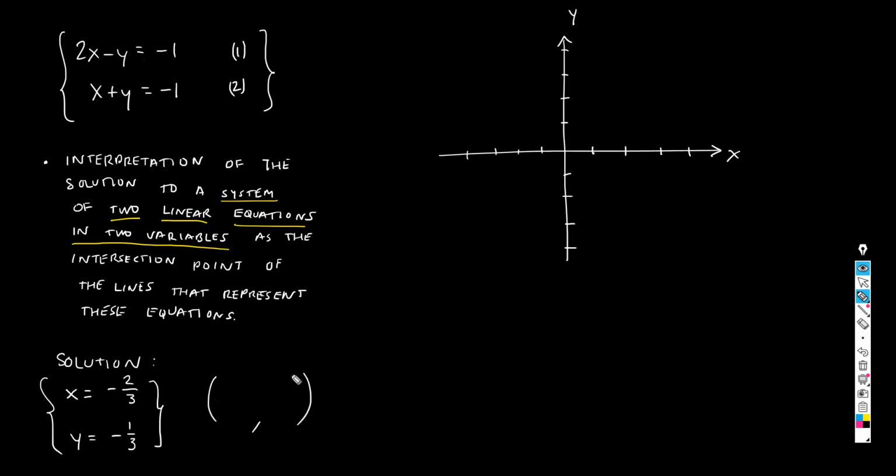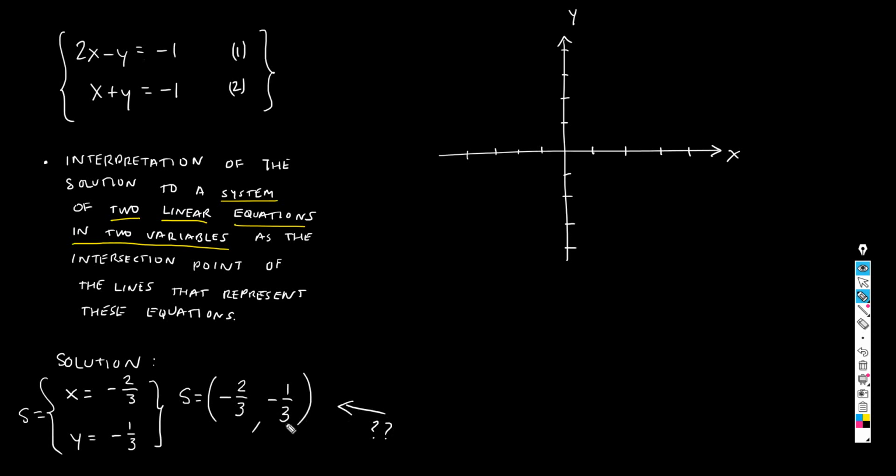Okay, so you write two parentheses, the comma, and then you put your x solution first, and then your solution for y. So this is my solution. Either way is perfectly good, so they are interchangeable.